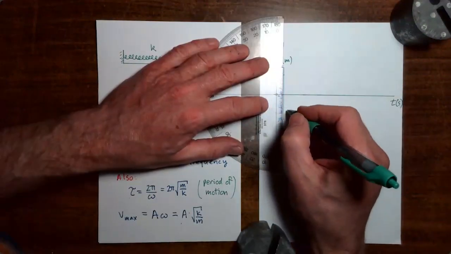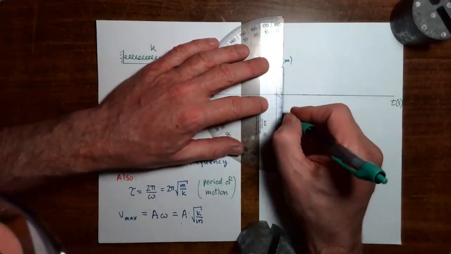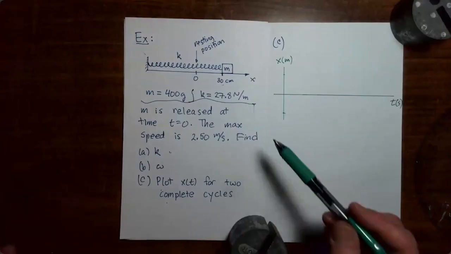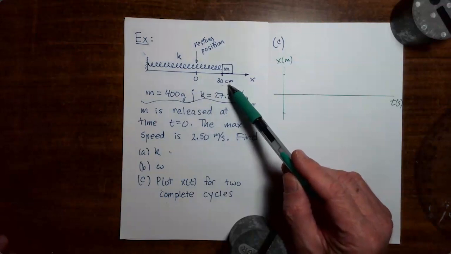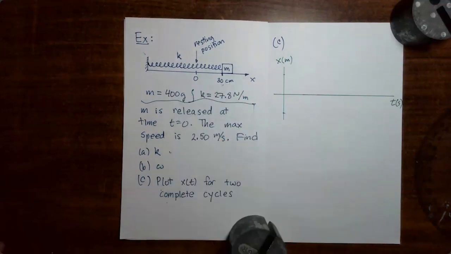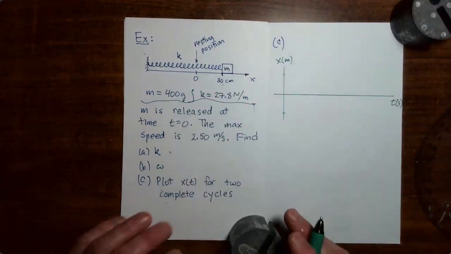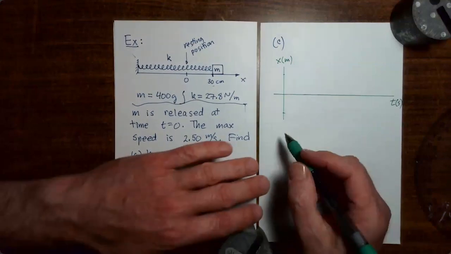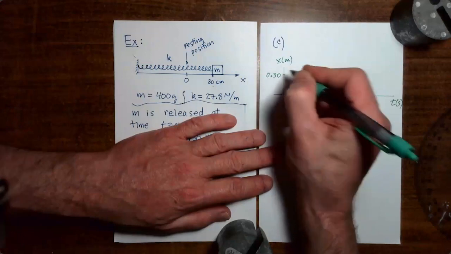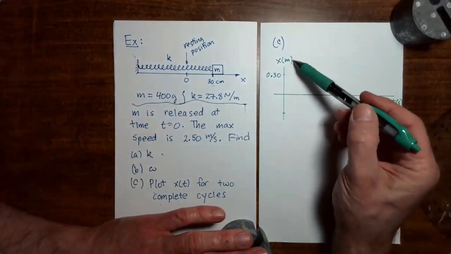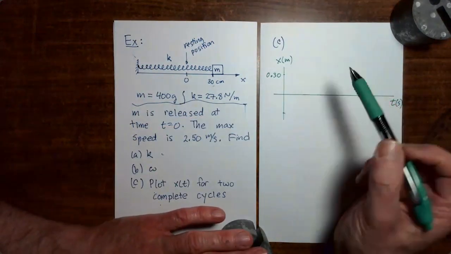Now to plot the cosine function, I'm going to put in my bounding lines. Now the mass in this problem oscillates back and forth between 30 centimeters and minus 30 centimeters. Since I'm doing this in meters, I'm going to put in the maximum position as 0.30. The unit is given here by the axis label.